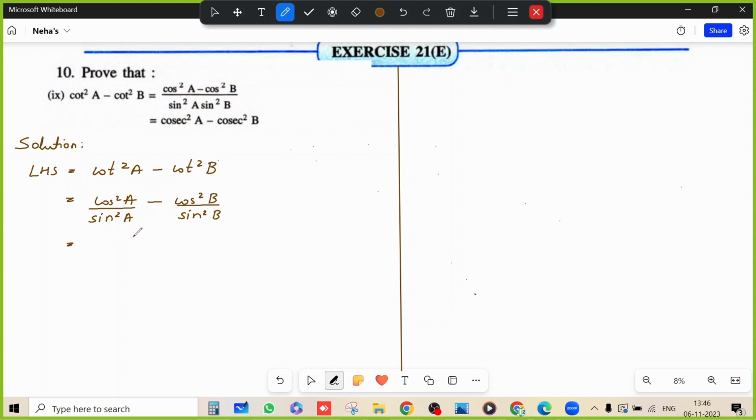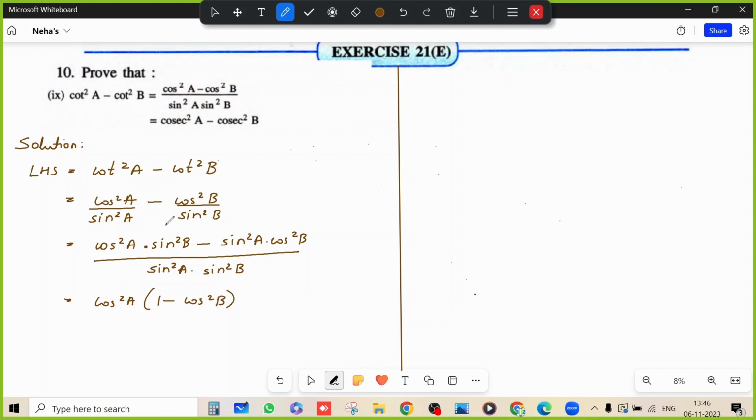Now we will find out the LCM here. So this will become cos square A into sin square B minus sin square A into cos square B in the numerator, and the denominator will be equal to sin square A into sin square B. Now we can write sin square B in the form of cos square as cos square A into 1 minus cos square B. This is because sin square theta plus cos square theta is equal to 1.